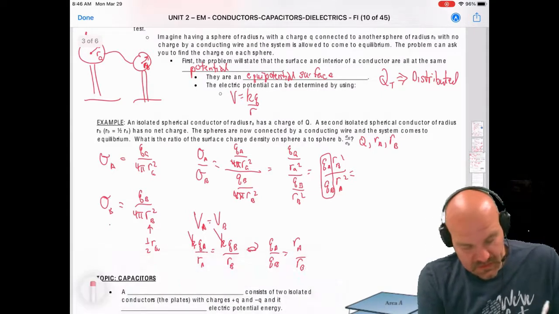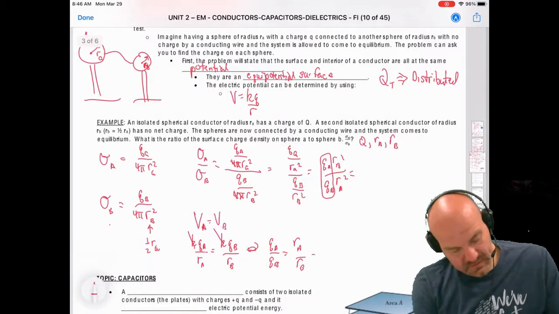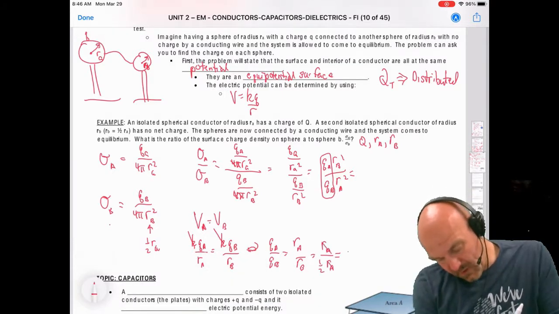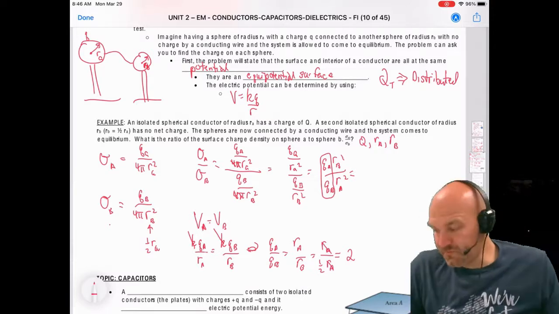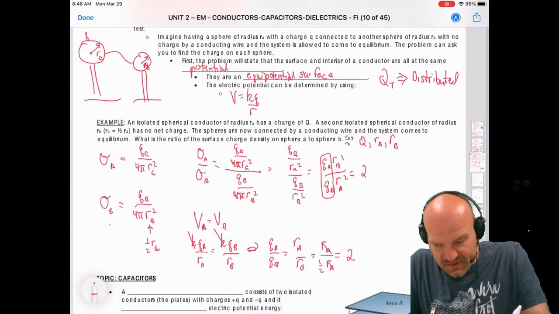I know that there's a ratio: RB is 1/2 of RA. So what's QA to QB? It's just 2. Now I can plug that ratio in here.